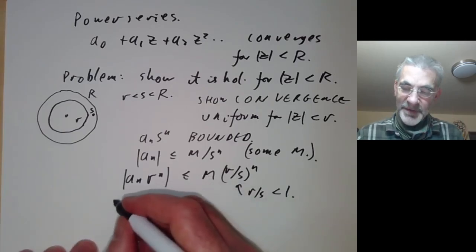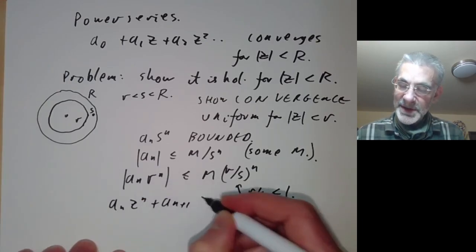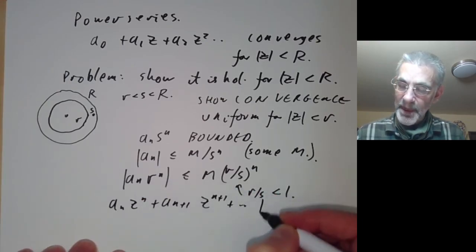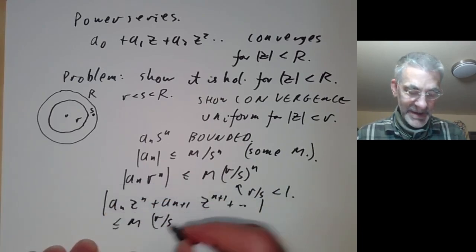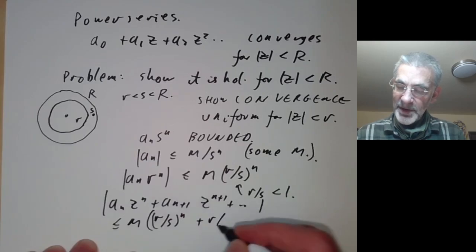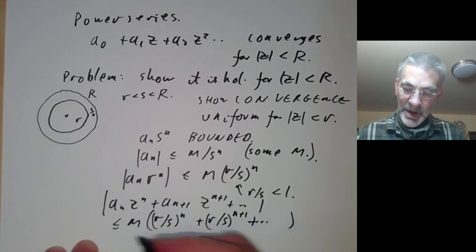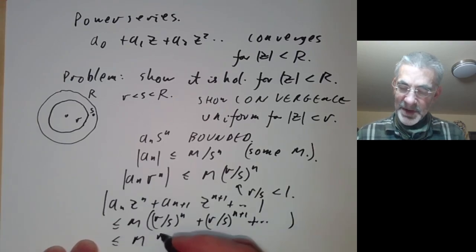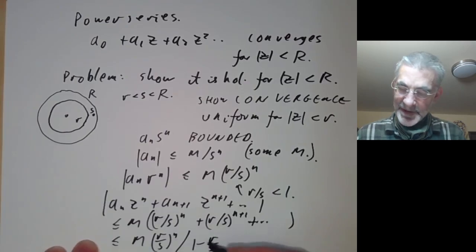So for example, if we look at the error a_n z to the n plus a_(n+1) z to the n plus 1 and so on, this is going to be at most M times (r over s) to the n plus (r over s) to the n plus 1 and so on, which is at most M times (r over s) to the n over 1 minus r over s.